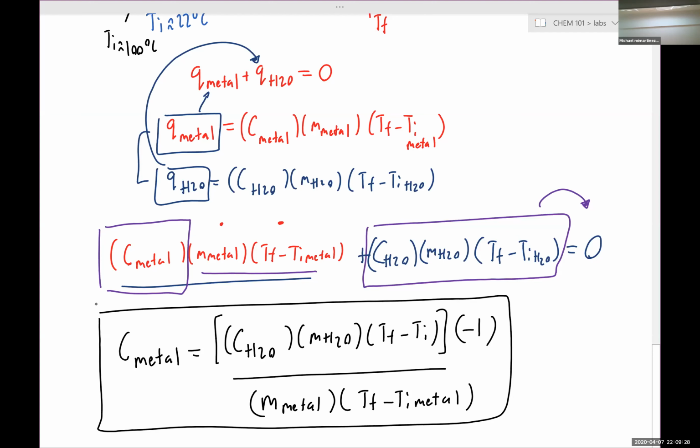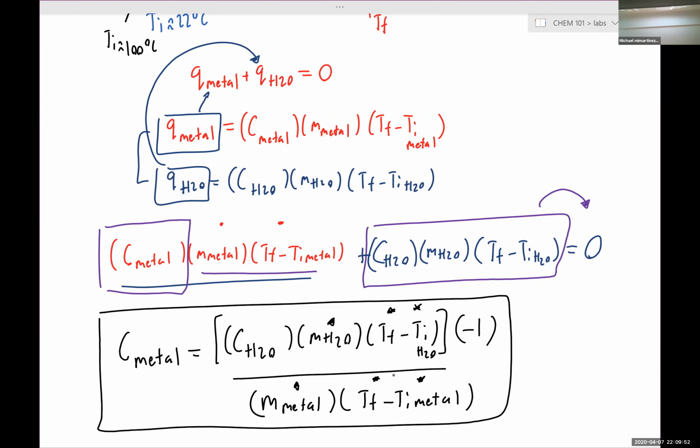We can measure the mass of water, the T final, the T initial of water. We can measure the T initial of our metal and the mass of our metal. So pay attention to all of the quantities that I've starred, as those are the ones that you'll be measuring in this experiment and during the simulation.